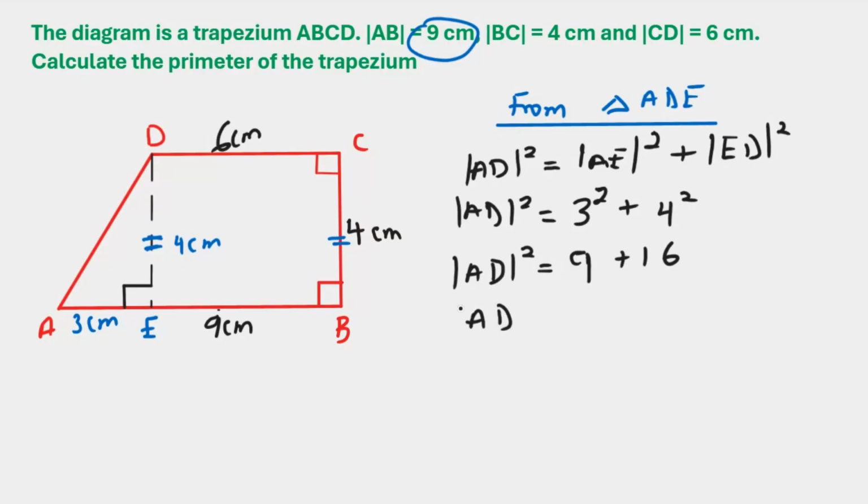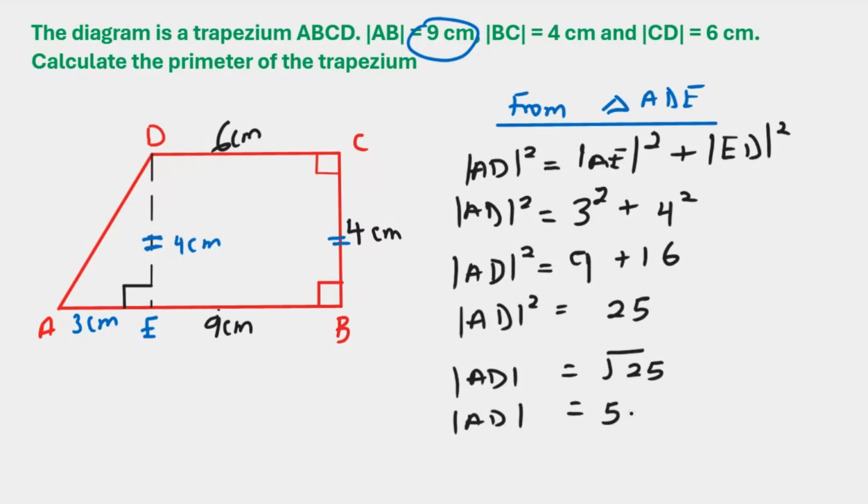So AD squared is equal to 25. 9 plus 16 is equal to 25. So you have to find the roots on both sides, and we're going to get AD equal to the root of 25. So AD is equal to 5 centimeters. So that's the value of AD.